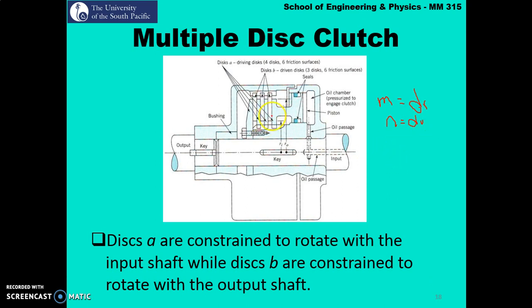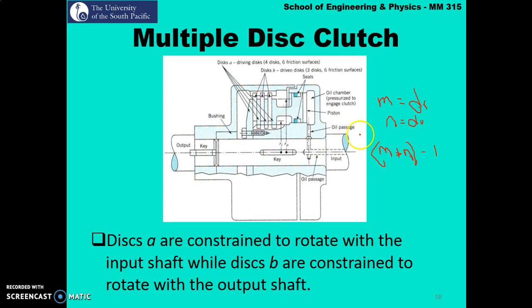The number of friction surfaces that we'll have is simply M plus N minus 1. So it is the number of discs on the driving shaft M plus the number of discs on the driven shaft N, and subtract 1 from it.